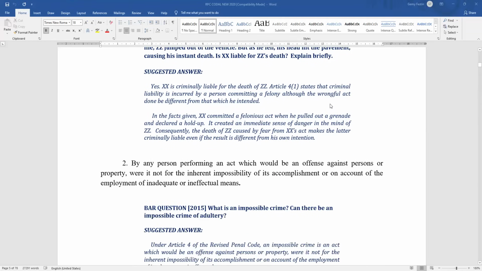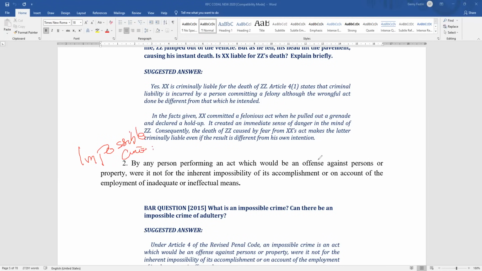Okay, the last one. By any person performing an act which would be an offense. This is impossible crime, which is also asked several times in the bar exams. What are the requisites of impossible crime?